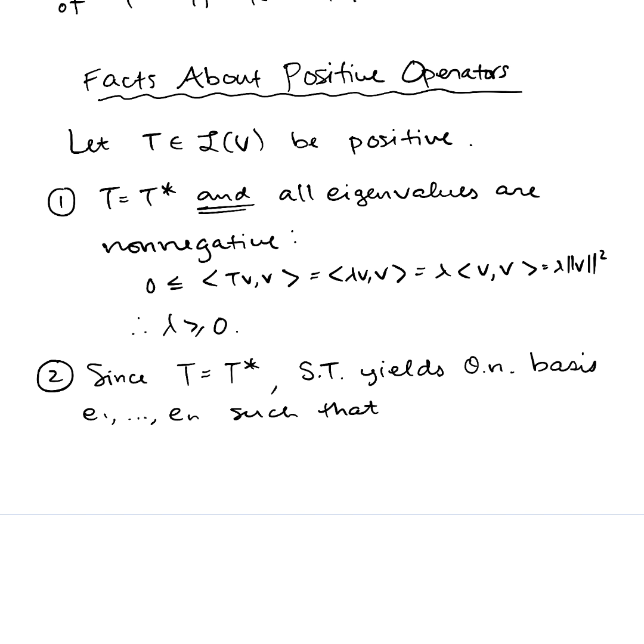And so we definitely have an orthonormal basis of eigenvectors. In other words, with respect to that orthonormal basis, the matrix for T is diagonal.